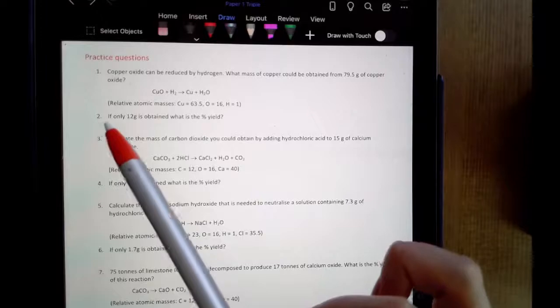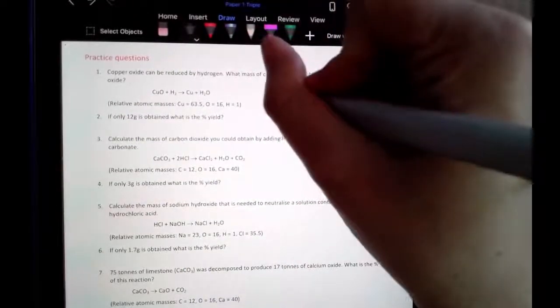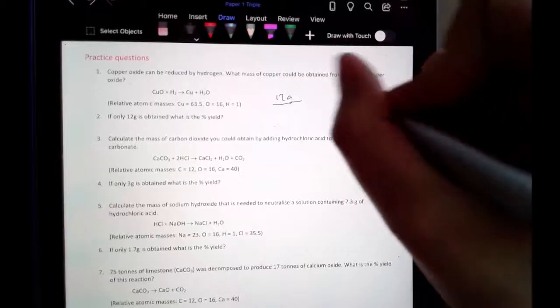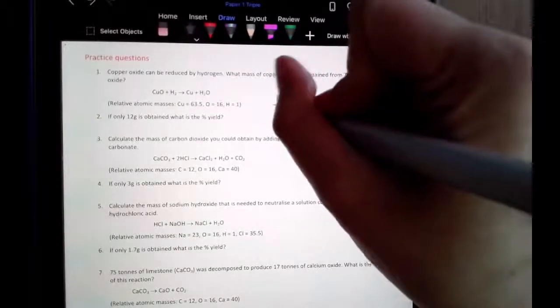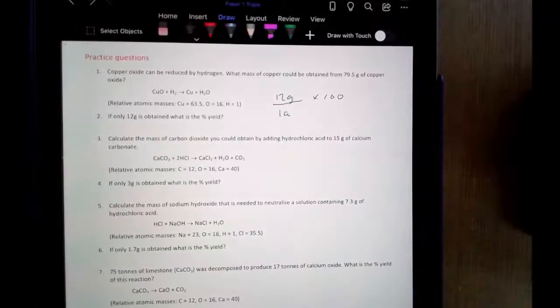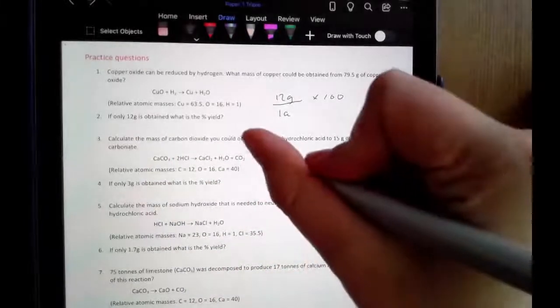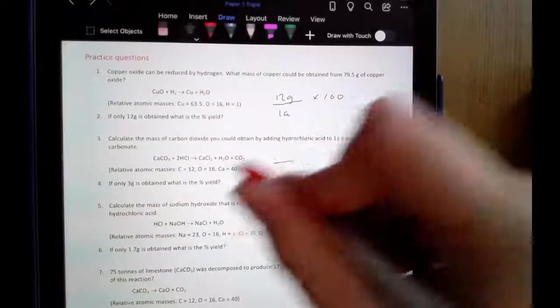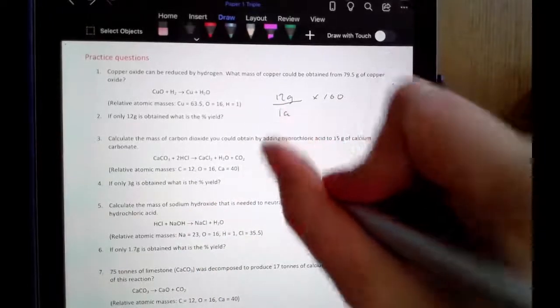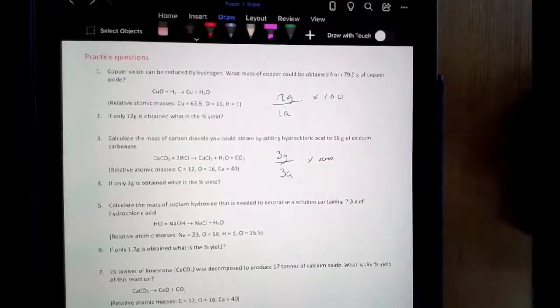And then the second part, you're given your actual yield. So you're given the actual yield here is 12. So you'll have your actual yield and you'll divide that by your answer for 1A, which is your theoretical, and you'll multiply by 100. For number 3, you'll work out your theoretical yield in 3A. And then in 4, you see your actual is 3 grams. You divide it by the theoretical, and again, you multiply it by 100.